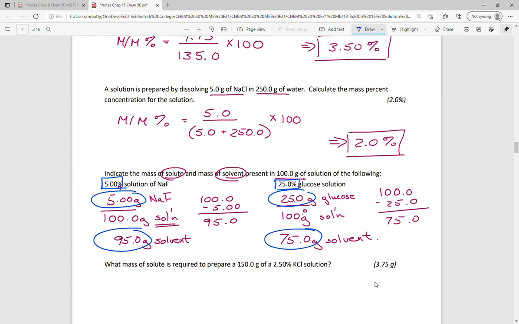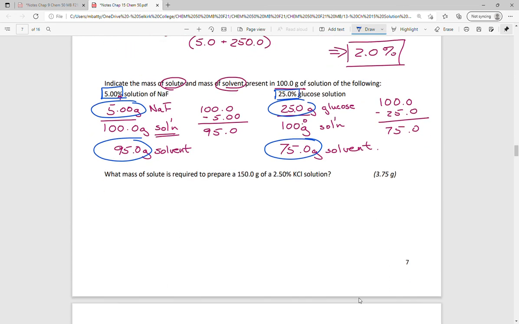So here we have one more using this concept of mass percent, and I'm going to use that mass percent as a unit factor. What I was writing before is that 2.50 grams of KCl in 100 grams of solution, right? That was using this as a unit factor. So let's take a look at this. We want to know what mass of solute is required to prepare 150 grams of solution.